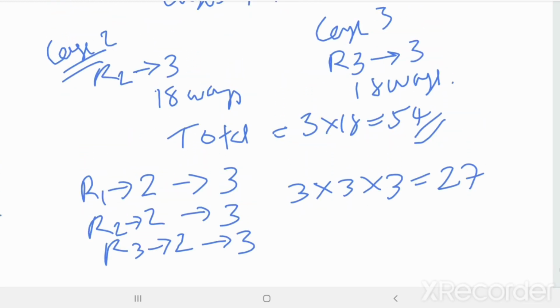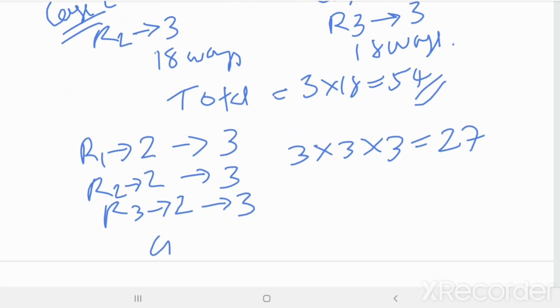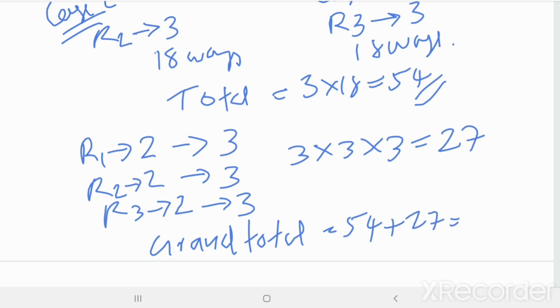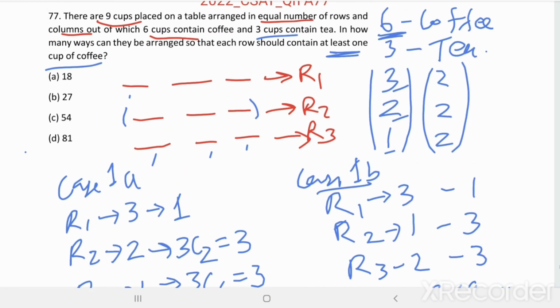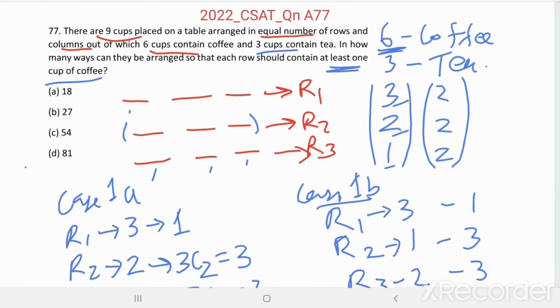Then the grand total of arrangements equals 54 plus 27 equals 81. 81 arrangements are possible. Option D is the right answer.